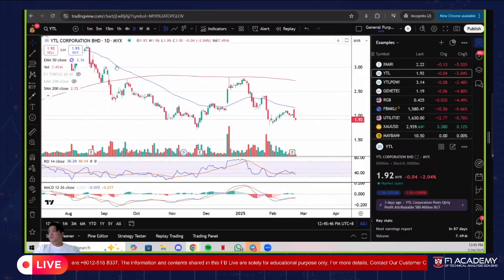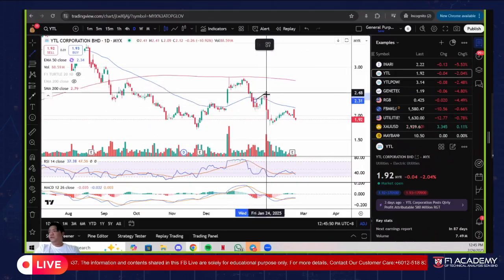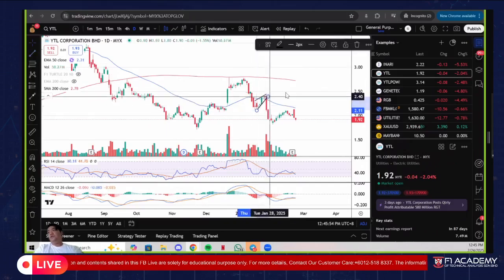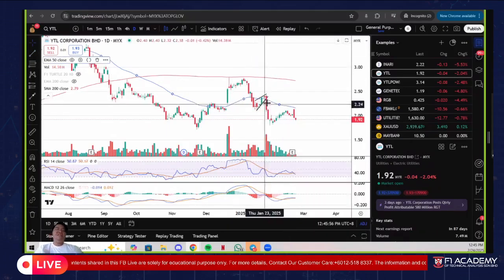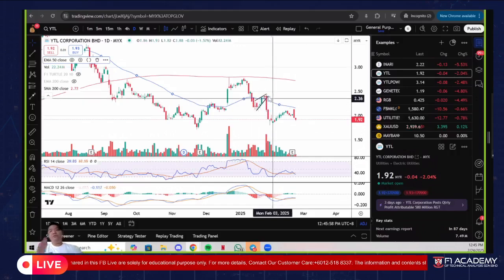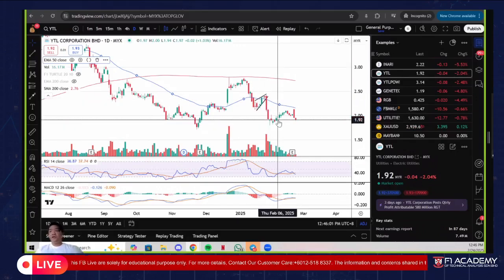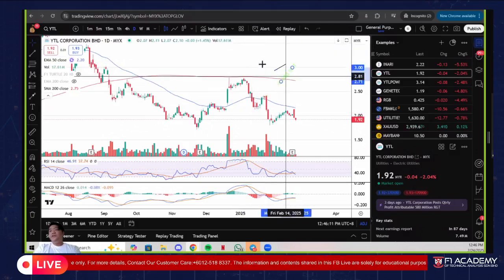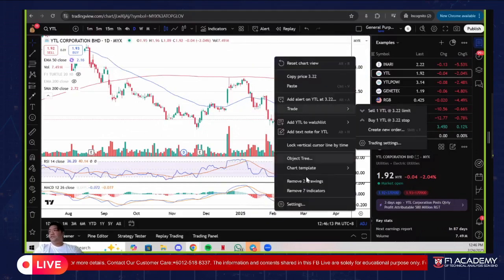YTL here has a sharper version. This is not a flag, by the way. This is a rising wedge. Basically they function the same way, but I'm just showing you variations so you're aware and not caught all of a sudden. And even if you don't use these patterns, I'm gonna clear these lines and show you a very clear one right here.